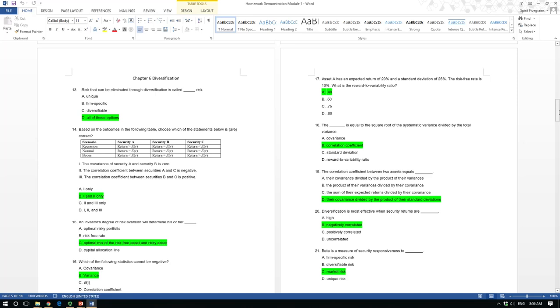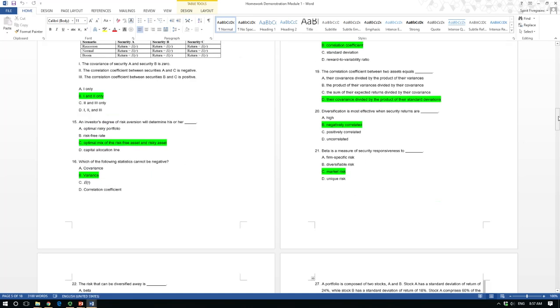Correlation coefficient measures the co-movement of 2 different securities, and a negative value means those 2 securities tend to move in the opposite direction, and this is the case that you observe in this table. So the second statement is also true. And the third one is not. The correlation coefficient between B and C should be equal to 0. So the best answer is B. First and second statements are true.